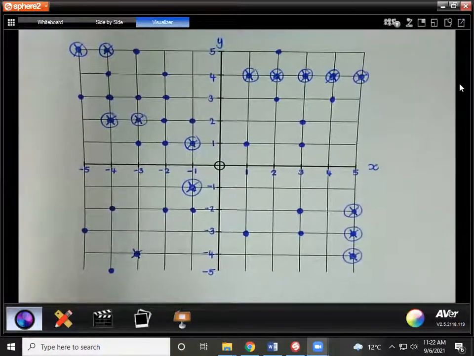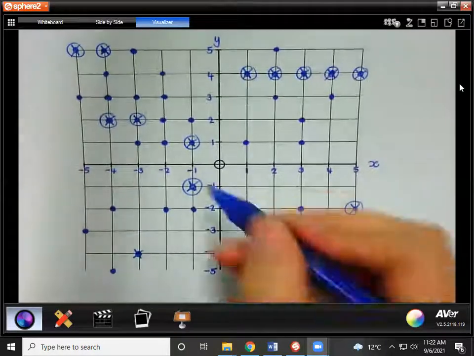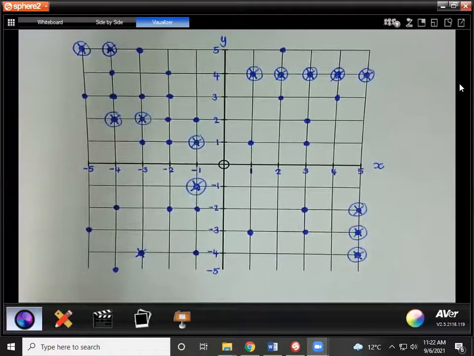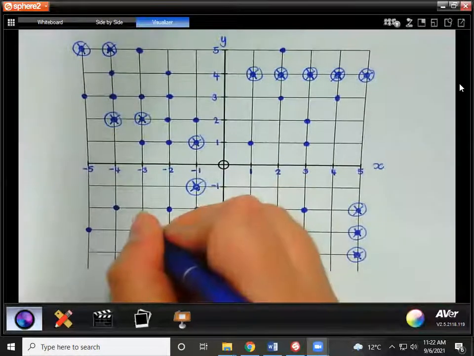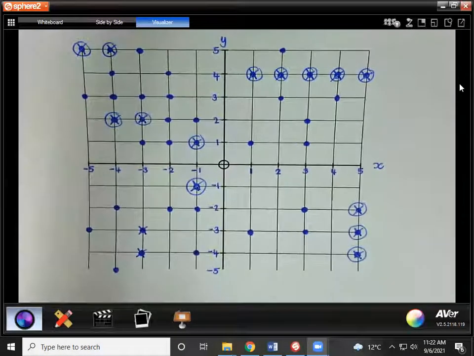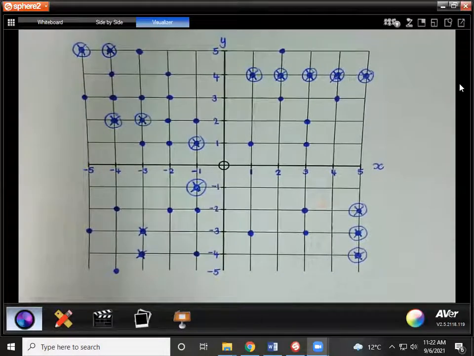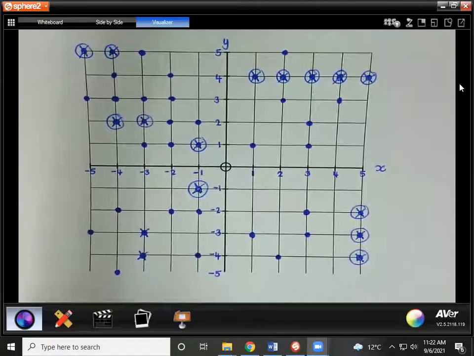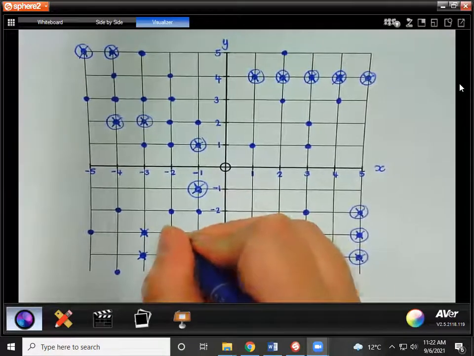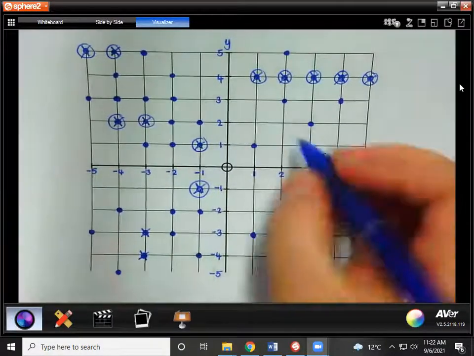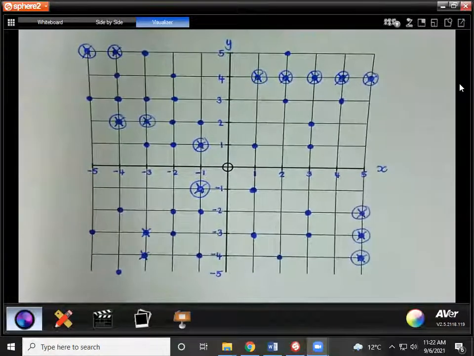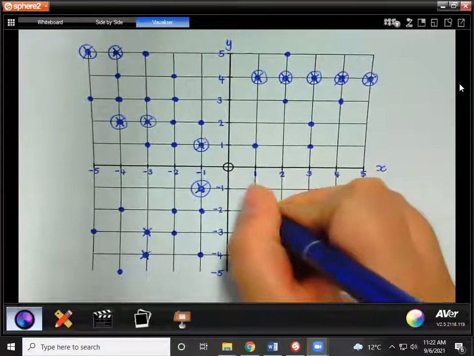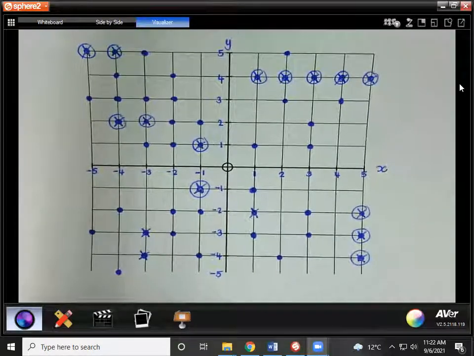So a 4.1. -1, -4, that is a miss. -3, -3, that is a hit, battleship. 2, -4, miss. -2, -3, miss. 1, -1, miss. 1, -2, that is a hit, cruiser. So a 3.1. Okay, last round, guys.